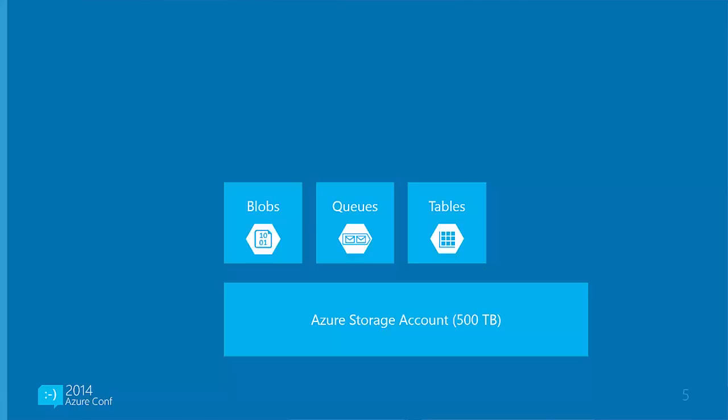Besides blob storage, we also have storage queues. Storage queues allow you to trigger your background processes. So instead of sending out a mail immediately when a user clicks a button, you can simply send a message to a queue saying this user should receive an email, or we want to generate a file for that user.